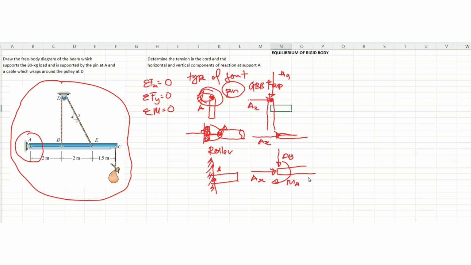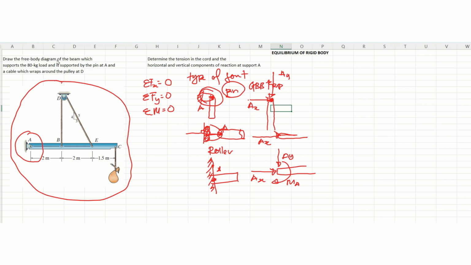Okay, this is the common free body diagram at the pin, for common use and knowledge.